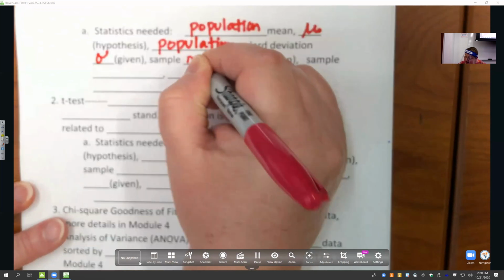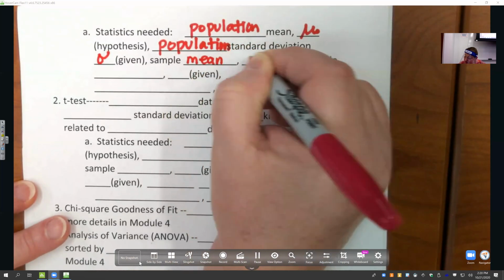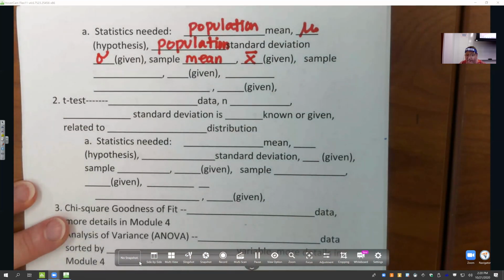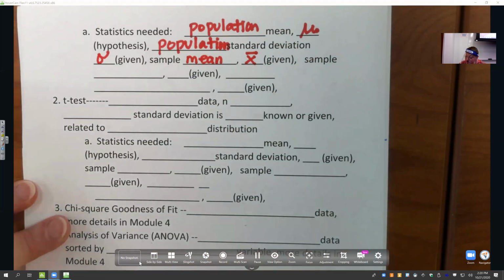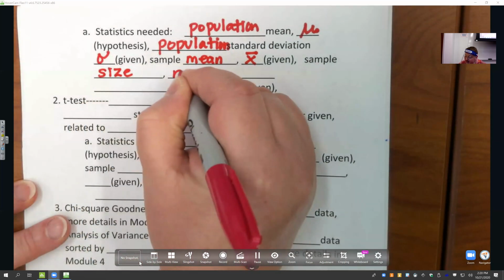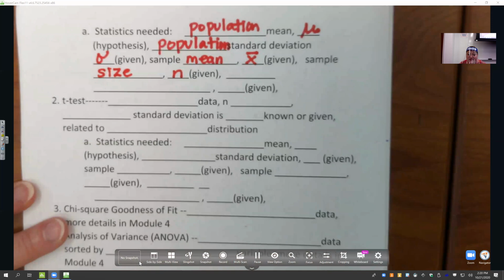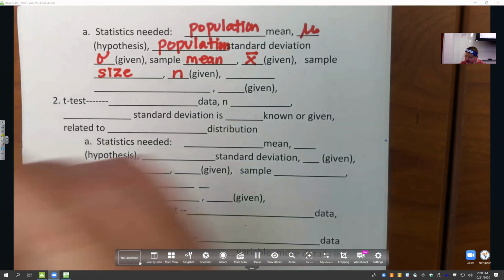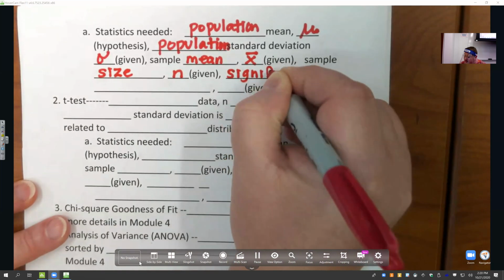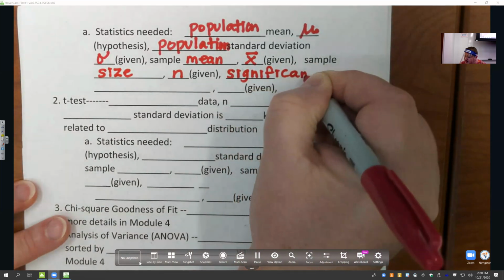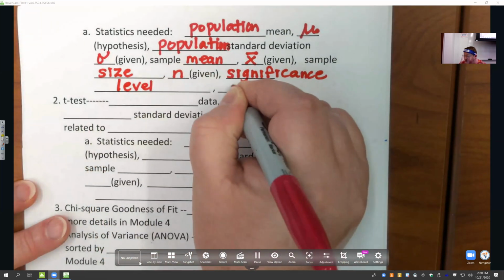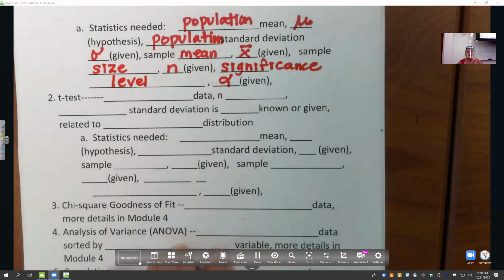You'll have the sample mean, which is X bar. That's going to be given in the problem. You'll have the sample size, which is N. That's given in the problem. And lastly, you have the significance level, which is represented by the Greek letter alpha.